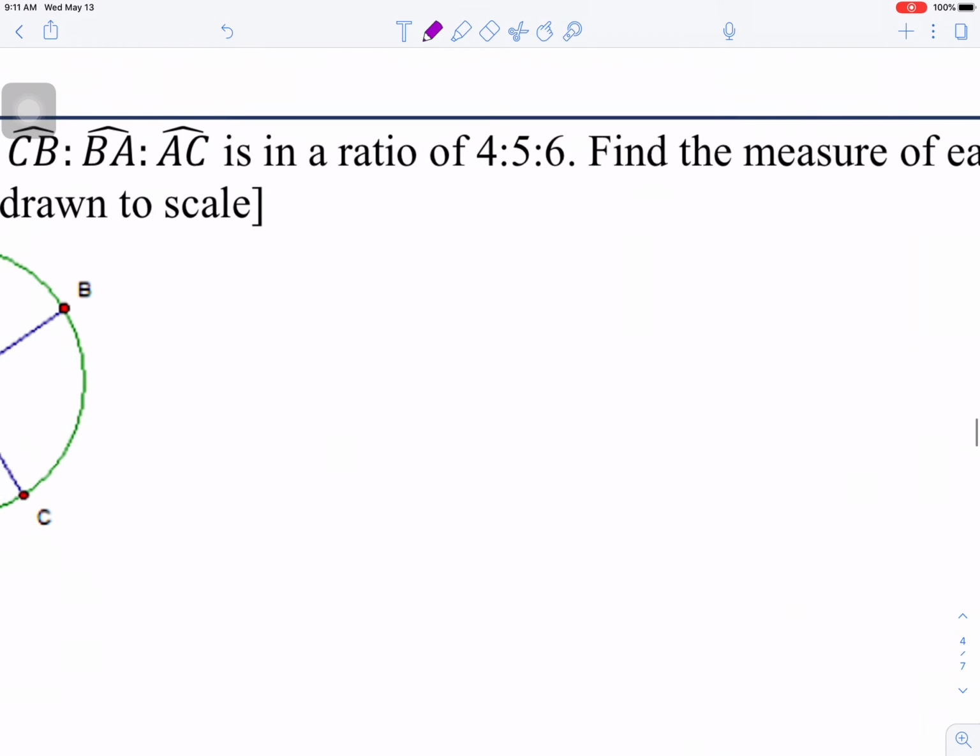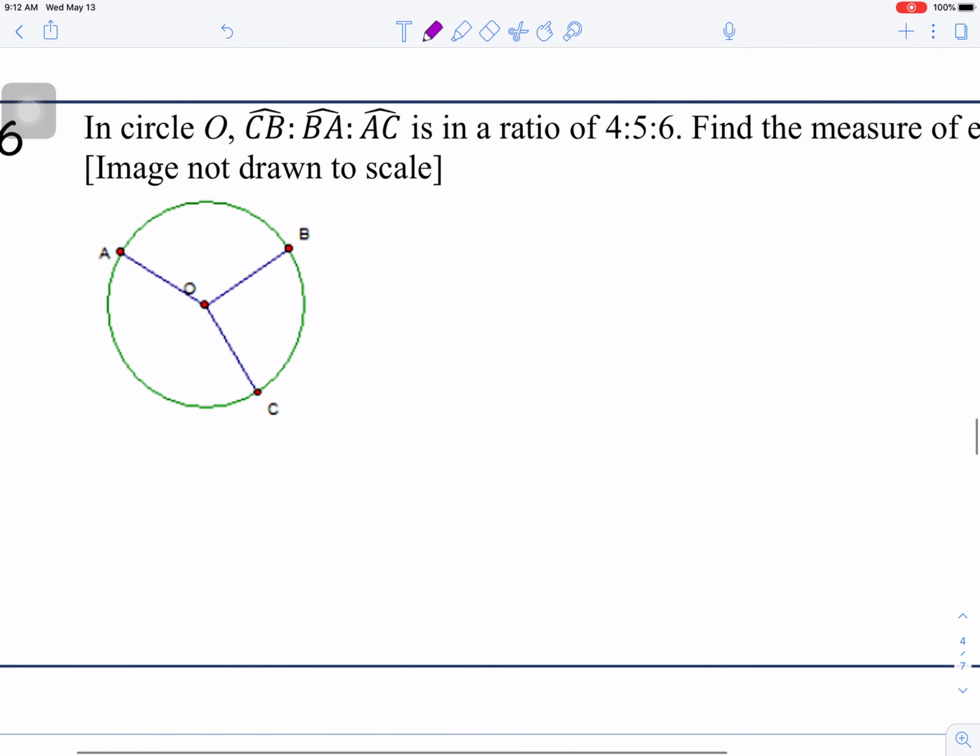Now, this kind of question I'm just going to work on with you now because this is a ratio question from algebra. I told you earlier in the year that every time these come up, I will put them on so you can see, and this is a very popular place to see a ratio question again. So it's saying the arcs are in a ratio of 4 to 5 to 6.